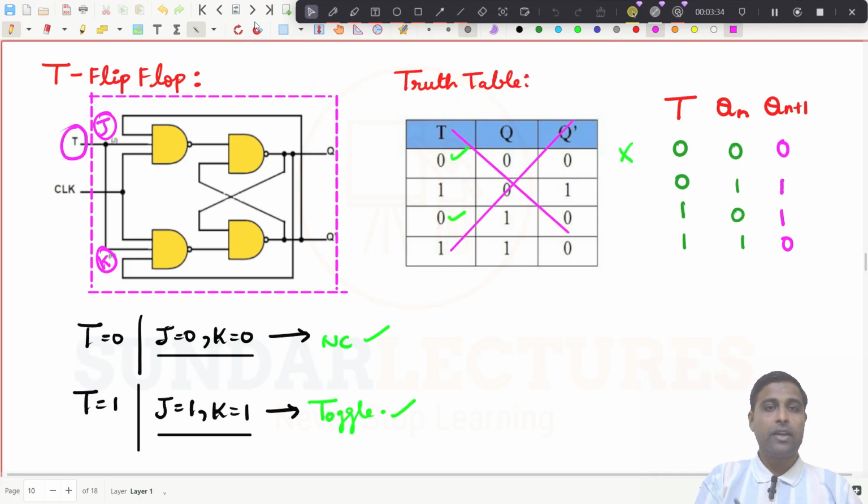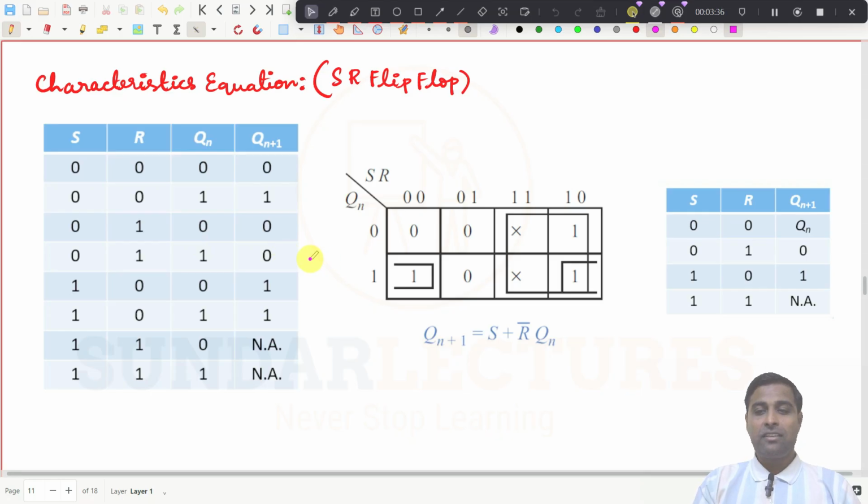Right? So the next title is very important. Try to understand the characteristic equation as well as the excitation table. It is a very important topic because we are going to analyze the sequential logic circuit as well as design the sequential logic circuit. In both cases, we need to know the characteristic equation as well as the excitation table, and also we are going to design the counters, synchronous counters using different flip flops.